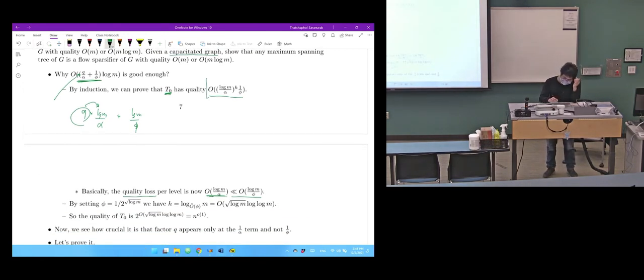And if you have this, then alpha is just log. So this is like log m to the h, 2h something, alpha.